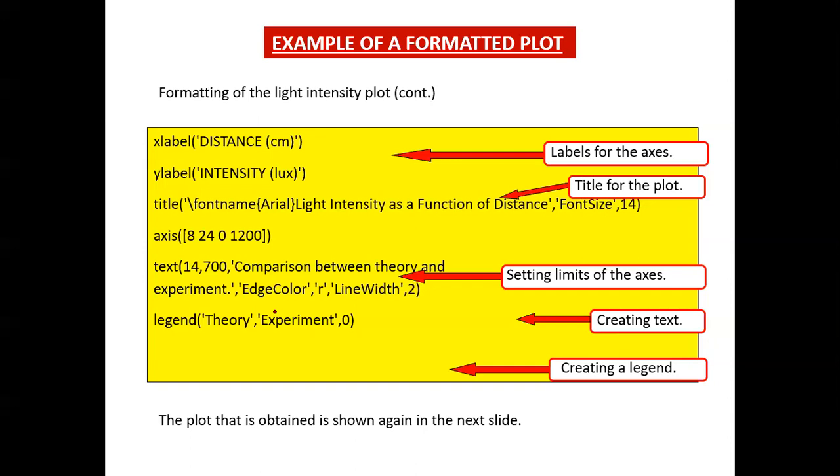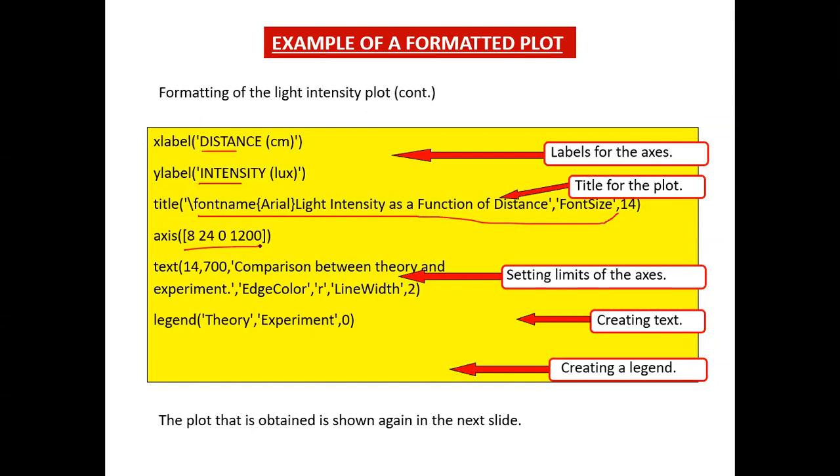We can add labels, format the axis values, add text, and also add a legend to this plot. First, the x label is distance, the y label is intensity. Then we can give the title with font name and font size, then the axis values.